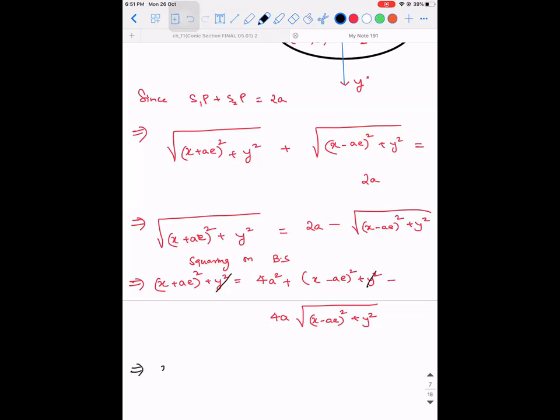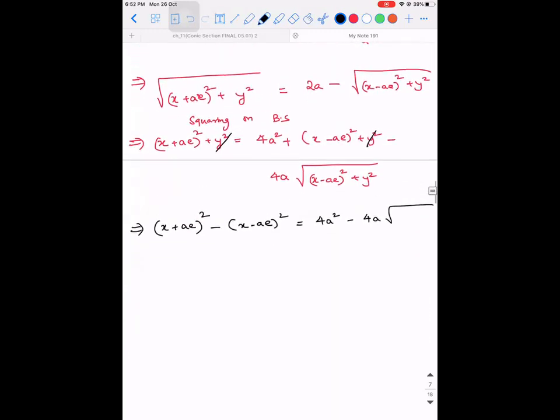So from this we get (x plus ae) the whole square minus (x minus ae) the whole square is equal to 4a square minus 4a into root of (x minus ae) the whole square plus y square.